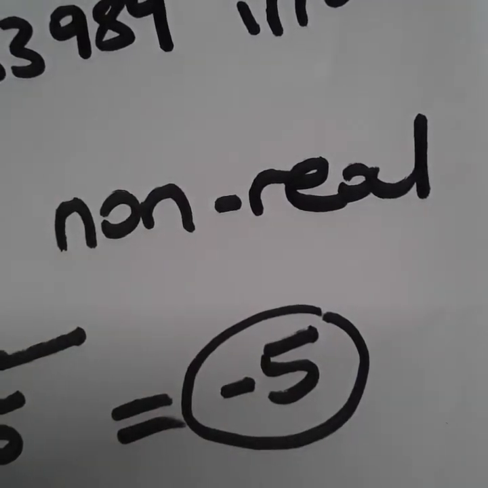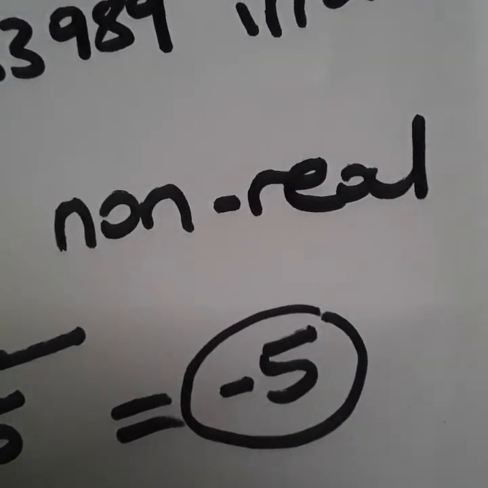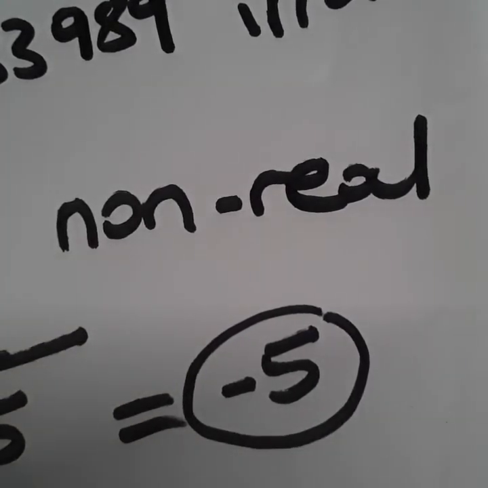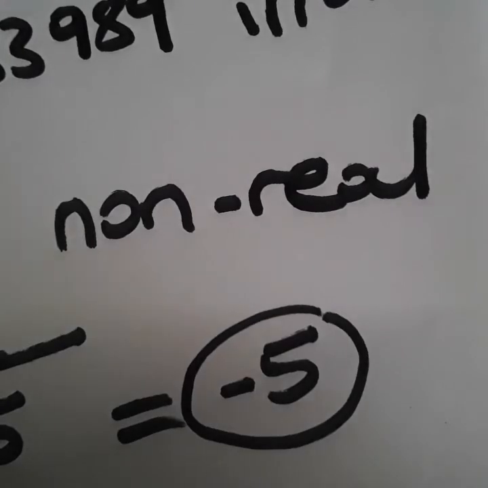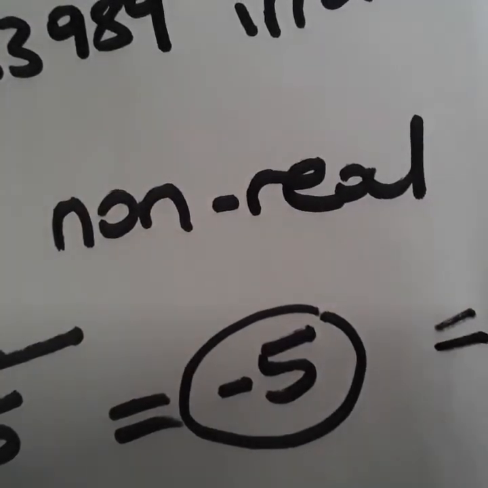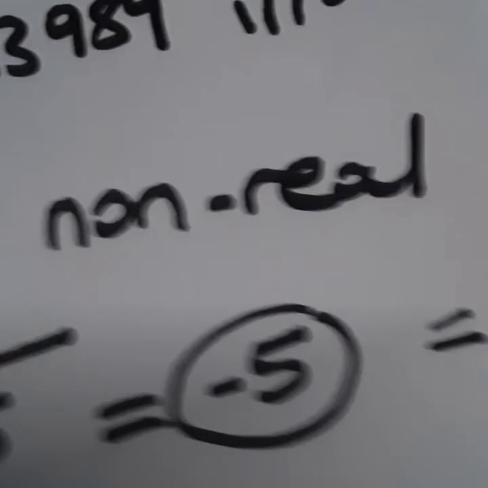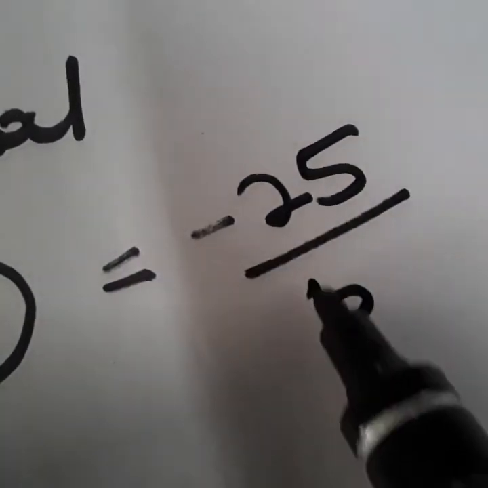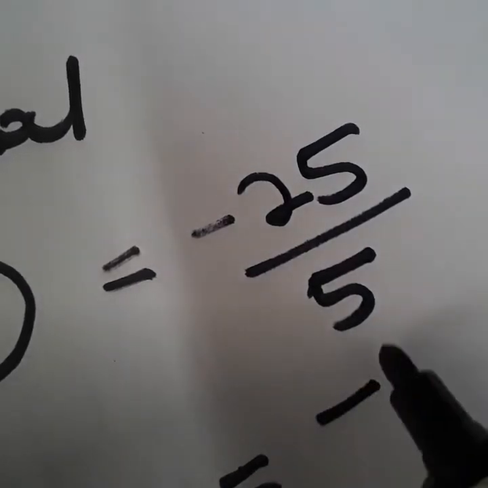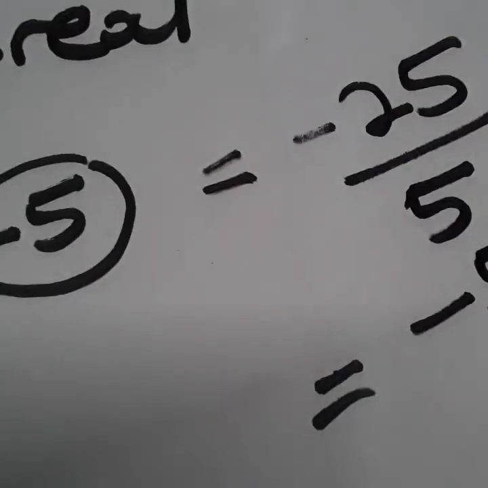But again, is this number rational or irrational? The number is rational. Why? Because the number can also be written in the form of a fraction. Minus 25 over 5 is minus 5. So now we are looking for the correct answer.